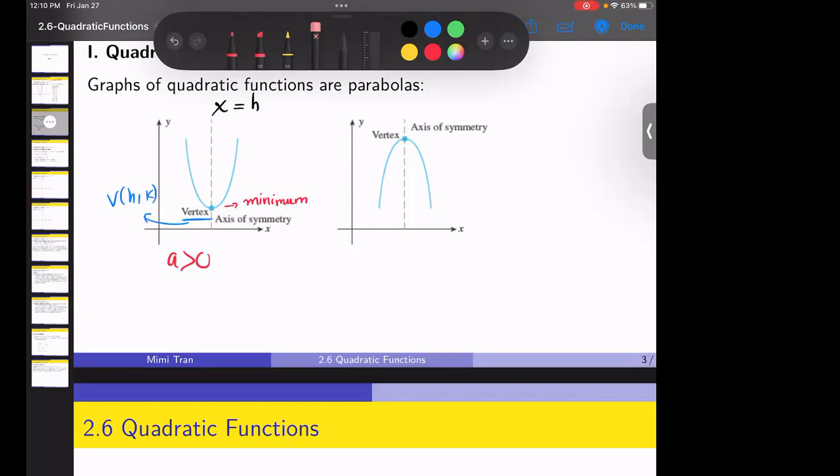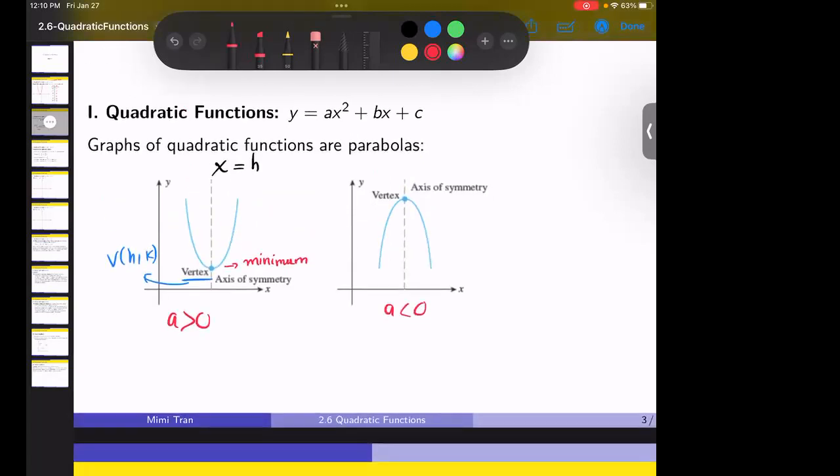And then in the case where you have the sad face, open downward, that means A is less than 0, A is negative. In that case, the vertex is going to be your maximum. Axis of symmetry is the same, x equal h.